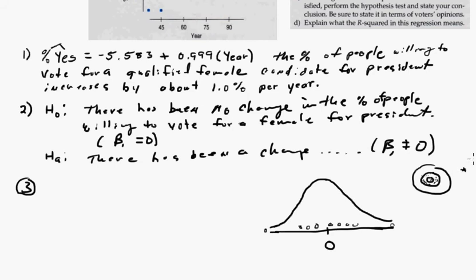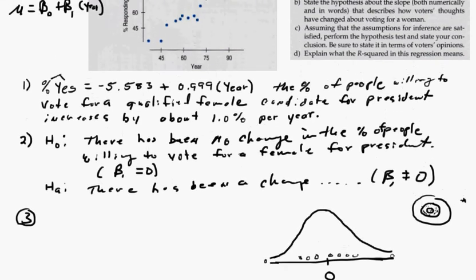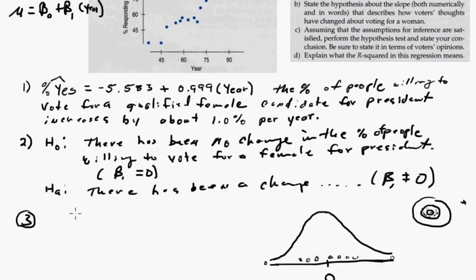So the way we do that is our sample statistic is the slope. So our sample statistic is 0.999, or 1. We need to know the size of the standard deviation.